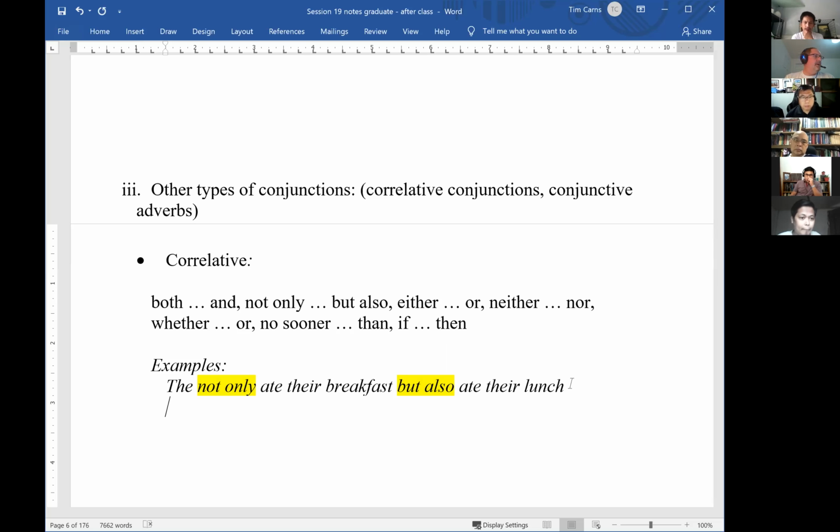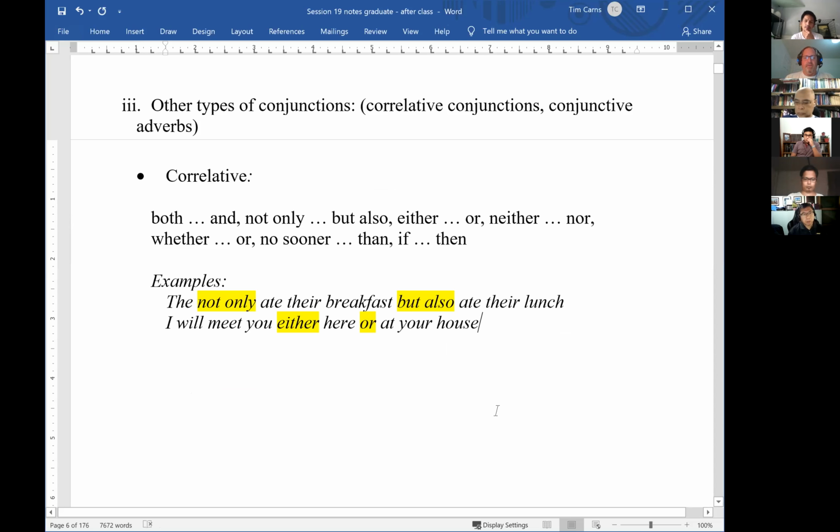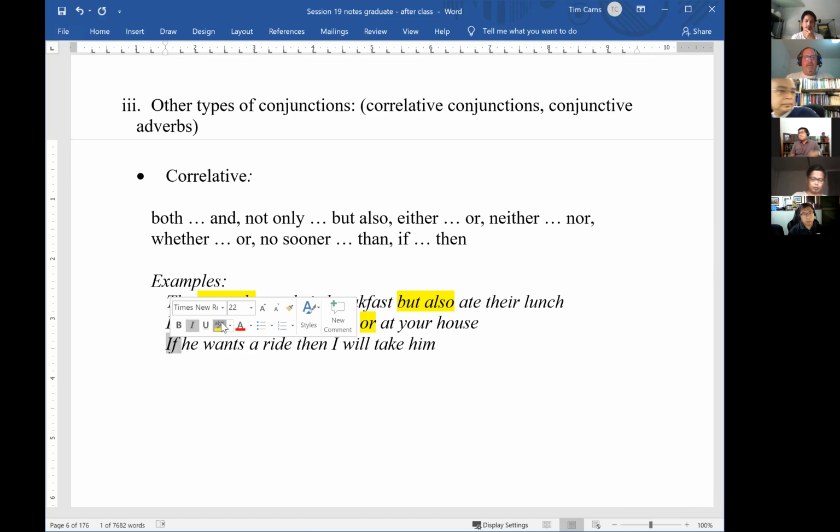Another one would be, I will meet you either here or at your house. Here's another example, either or. Again, it's taken as a conjunction, as a pair. Another example might be, if he wants a ride, then I will take him. So, if and then.